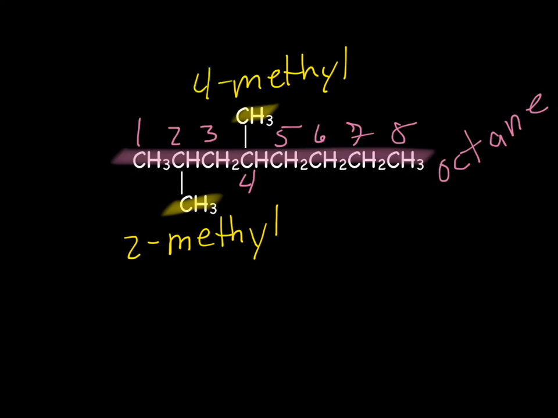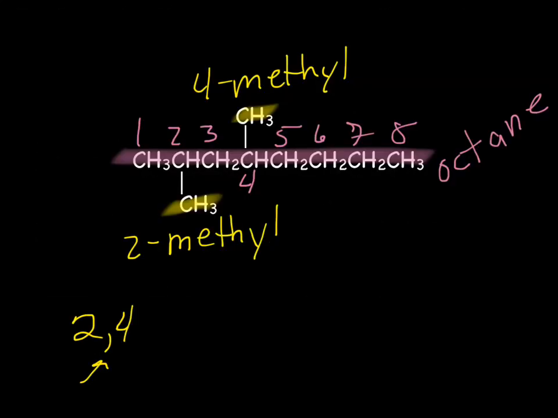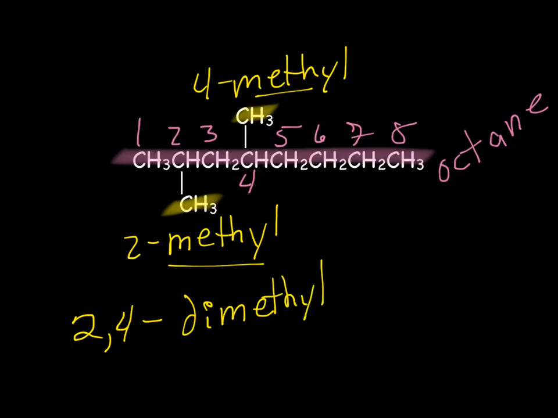So we're going to write 2,4 with a comma in between because we use commas to separate numbers from numbers. Dash. How many methyls? They're both methyls. We have 2 of them, so it'll be di for 2. Methyl octane.